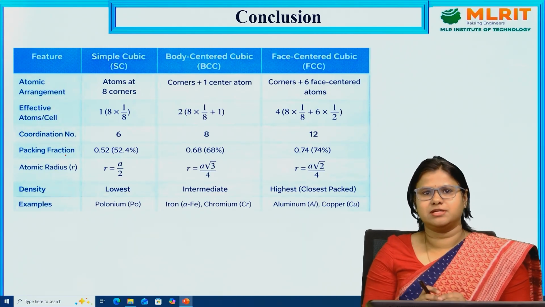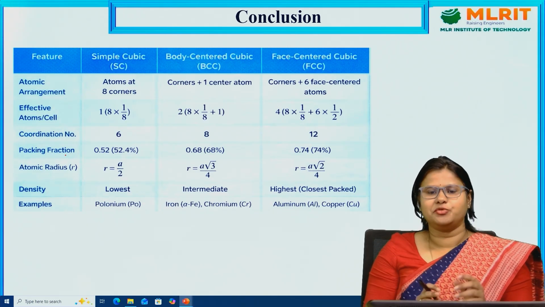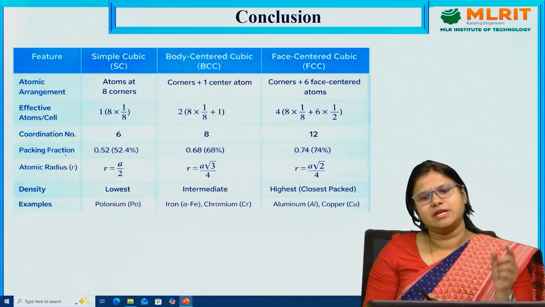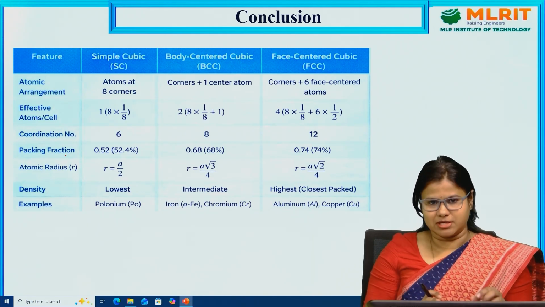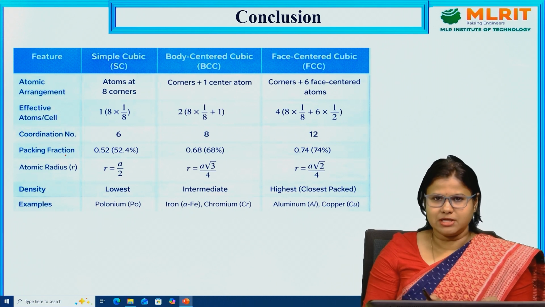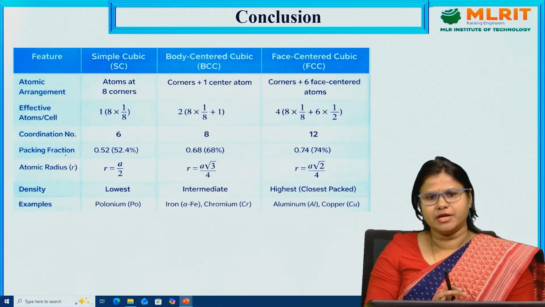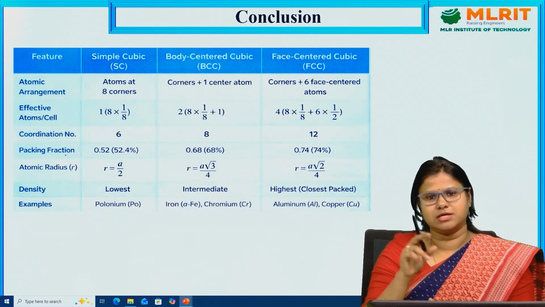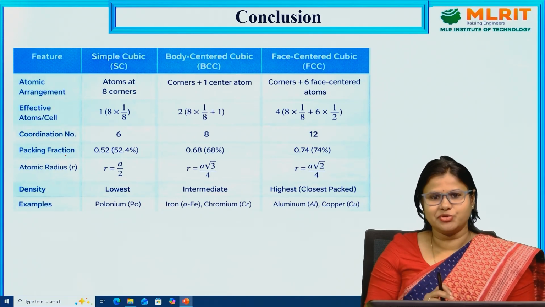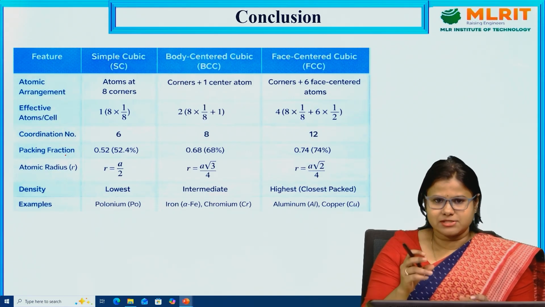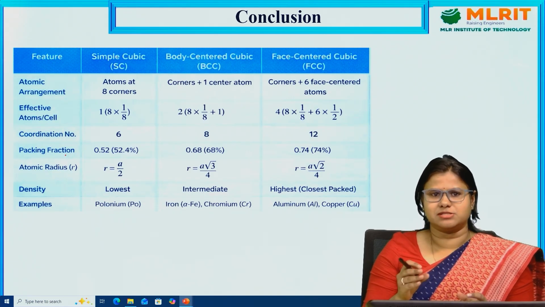For the body centered cubic crystal, we have atoms at each corner, and in addition one central atom in the body center. For the face centered cubic crystal, we have atoms at each corner of the cube, and in addition 6 atoms at the 6 faces of the cube.